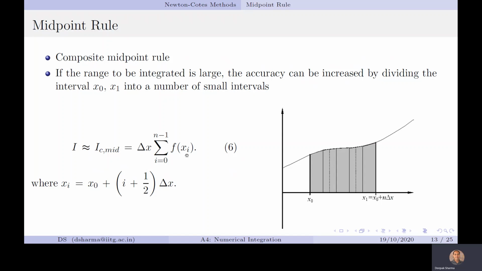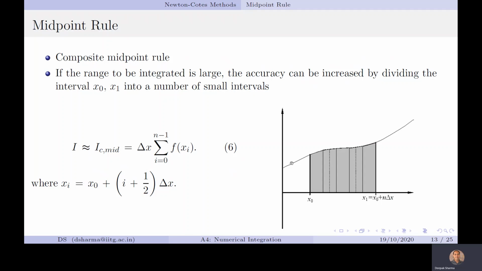And what is xi here? Xi is equal to x0, which is the lower limit, plus, inside the bracket, i plus 1 by 2, and then everything multiplied by delta x. Now what is delta x here? Similar to the trapezoidal rule, it is x1 minus x0 divided by n.